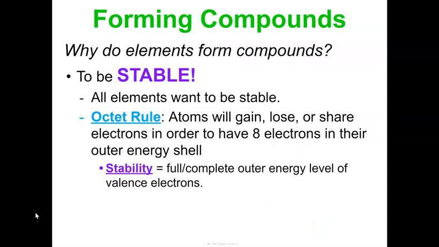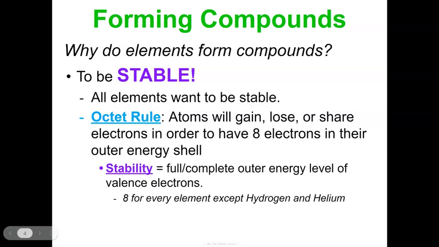So we've talked about this. I mean, at least I tried to mention it multiple times when we were doing things. All elements want to be stable. That's why they form compounds, because they want stability.